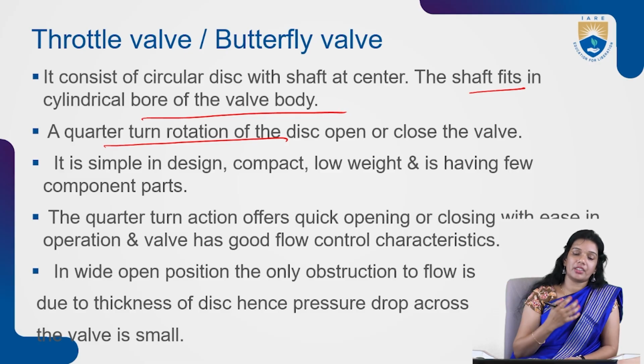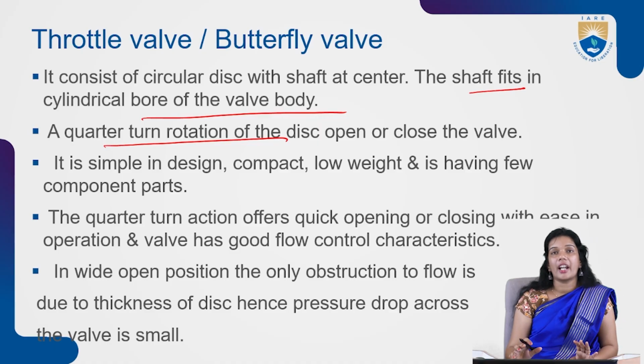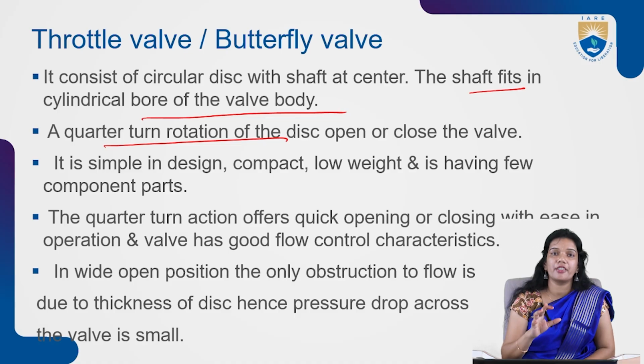So what are we trying to suggest here? For a throttle valve or a butterfly valve, you are going to have a disc which has a shaft, and the shaft is going to fit exactly in the bore of the valve body. Then you have a disc which is going to open or close that particular valve, which is butterfly or throttle, right? So now this particular design is very simple, very good, compact, and also lightweight, and the component parts in it are very few.